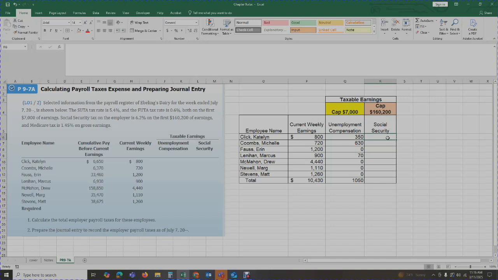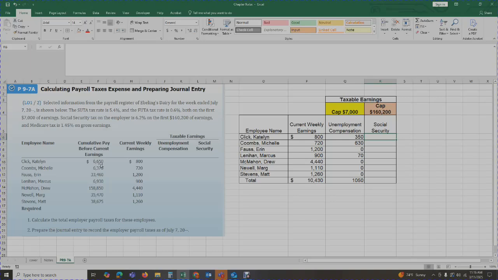So we have to identify, have these employees gone over the cap? If the answer is yes, well then they don't pay any taxes. If the answer is no, well then we have to figure out how much of this week's earnings is subject to be taxed. Let's look at Caitlin. Caitlin has earned $6,650. Caitlin has a long ways to go before reaching the cap.